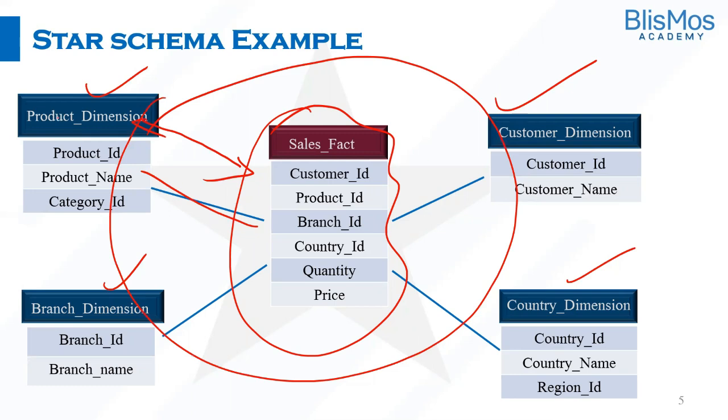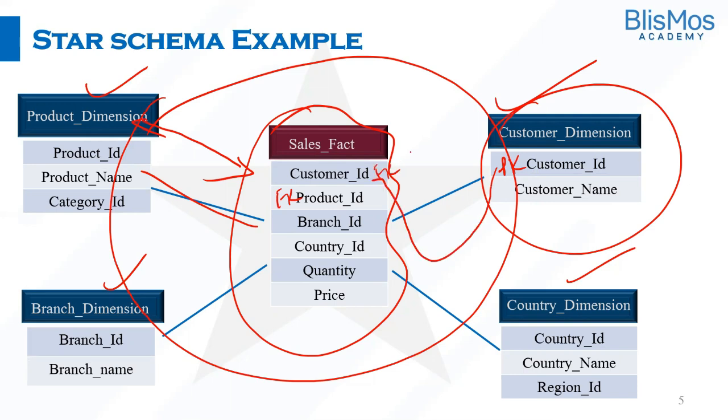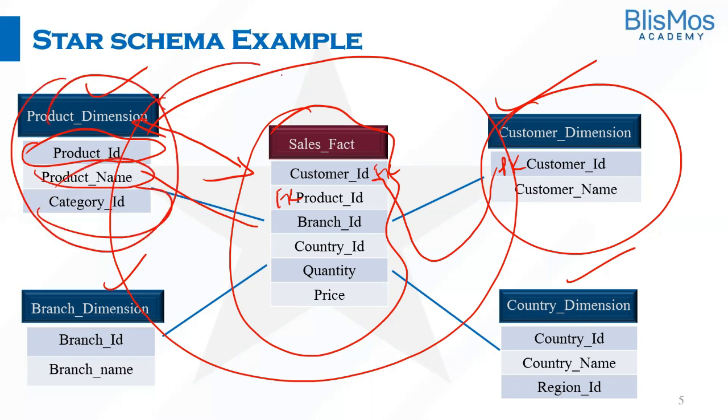For example, the product dimension table has a direct connection to the sales fact table with product ID becoming a foreign key here. The same is the case in the customer dimension table. Customer ID, which is the primary key here, has become a foreign key in the fact table, so that these attributes from a dimension table can participate in any of the queries submitted by users.